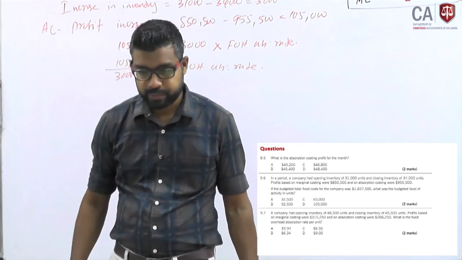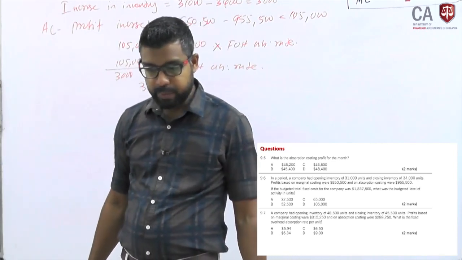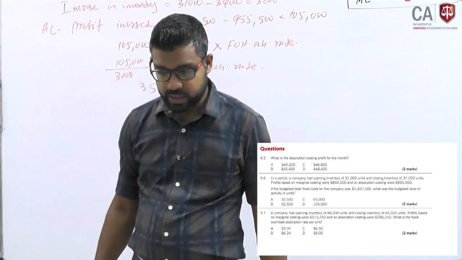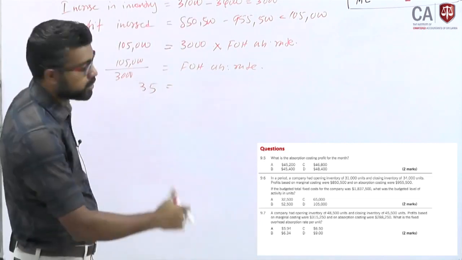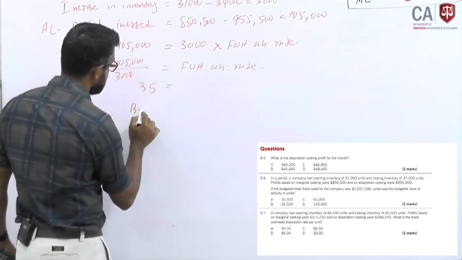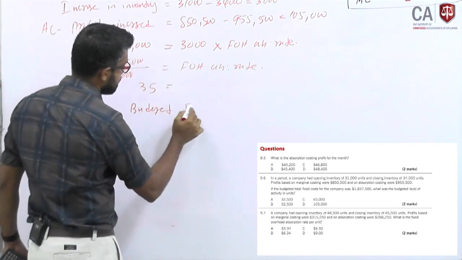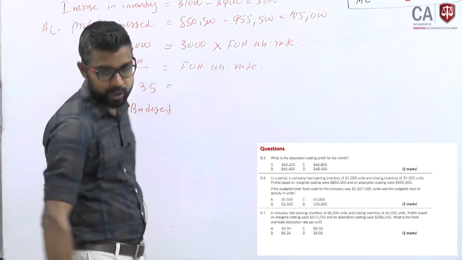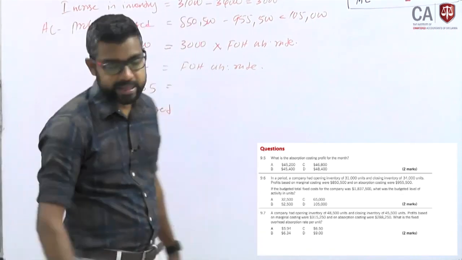Now the question is what? The budgeted total fixed cost, right, total fixed cost. What they are asking us is the budgeted activity level.